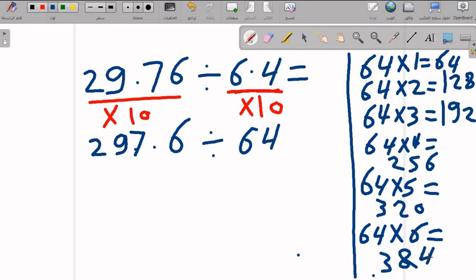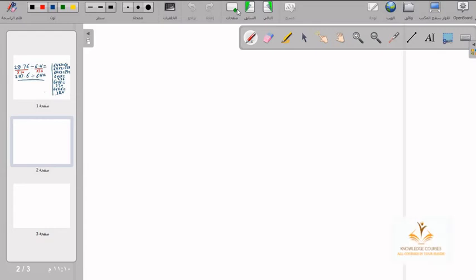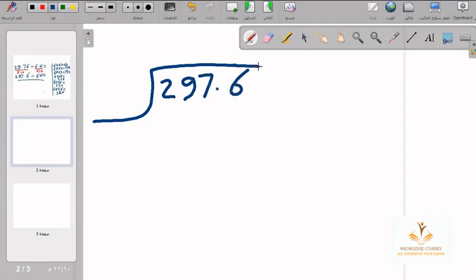So we make the division, question on the left. 297.6 divide 64. We take 2 digits with 2 digits. 29 divide 64 equals 0.